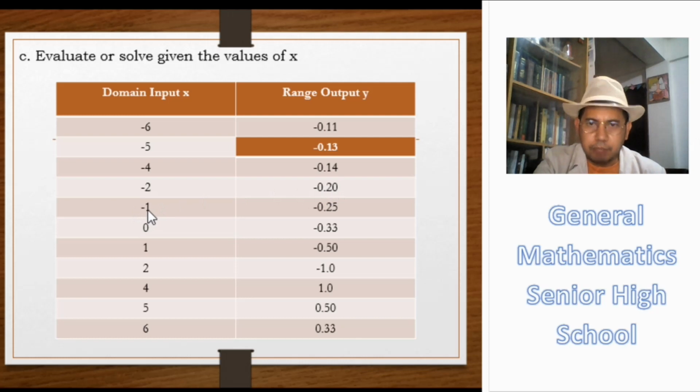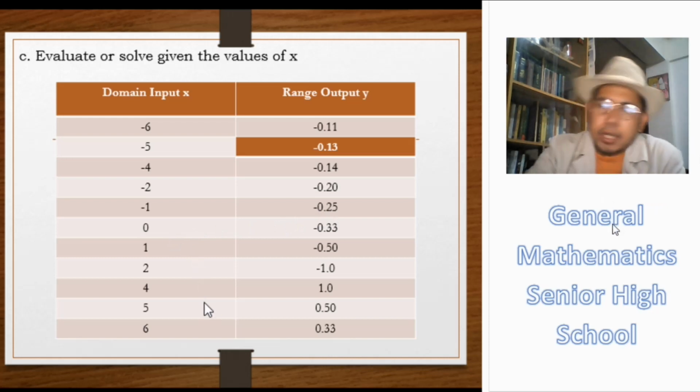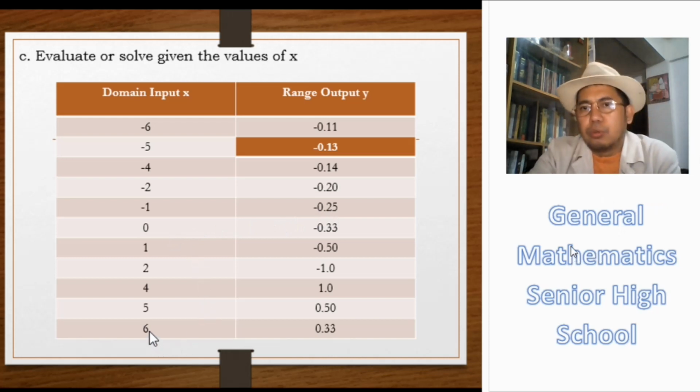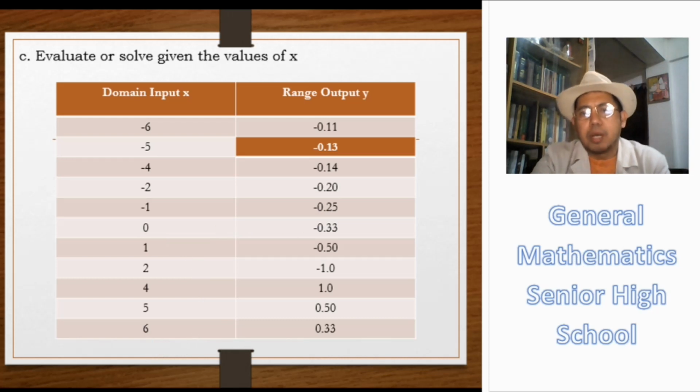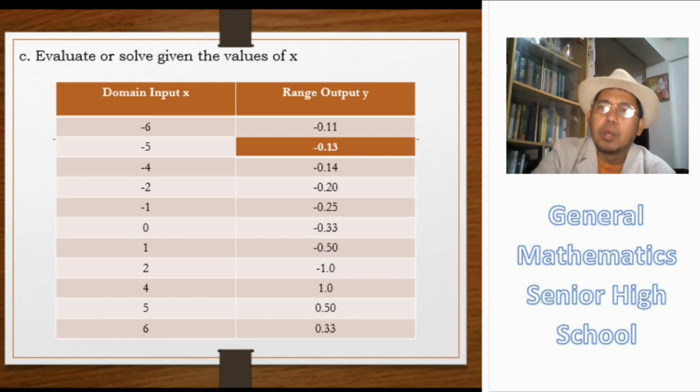If I have negative 1, my y would be negative 0.25, and so on and so forth. And if I have the value of my x to be 6, the value of my y would be 0.33. So those are the evaluated values of the function.